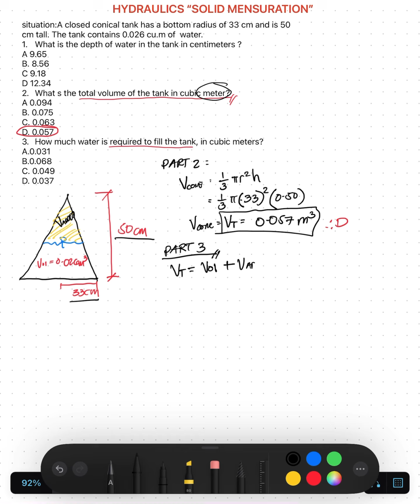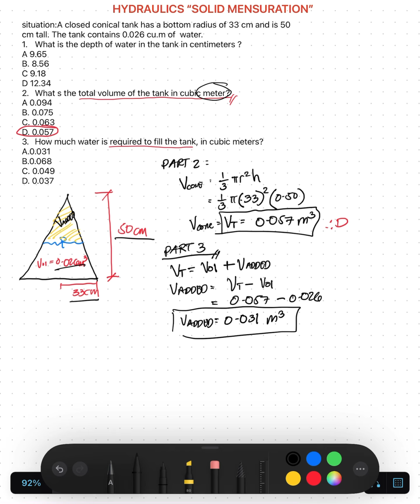So the volume added is equal to the total volume minus the volume already in place. So that is equal to 0.057 minus 0.026. So volume added is 0.031 cubic meter. Now that is letter A.